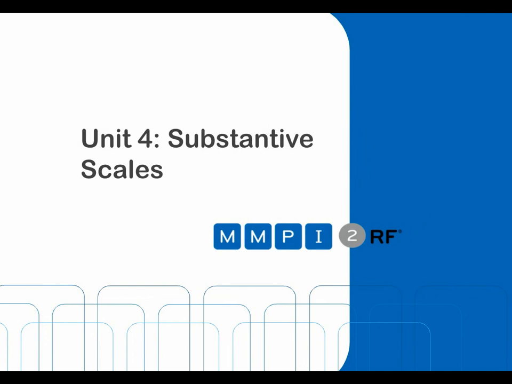So now we move into our final unit of this module, which focuses on interpretation of the substantive scales of the MMPI-2-RF. There are 42 substantive scales on the MMPI-2-RF. At first blush, that may appear to be a lot of information to try to integrate in a meaningful manner.